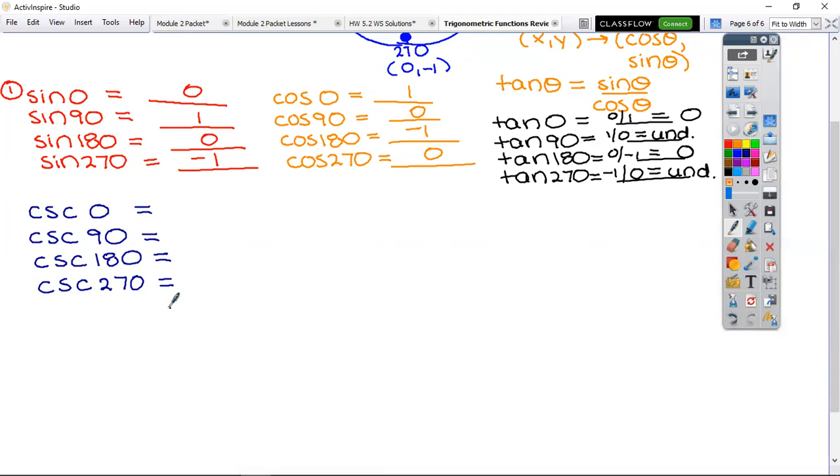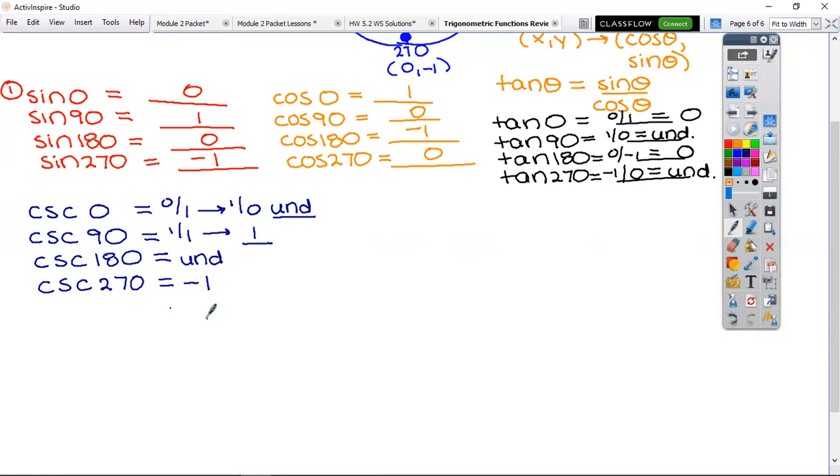Okay. So what happens if we take 0 over 1 and flip it? What do we get? 1 over 0, which is undefined. Next one, 90. 1 over 1, if we flip it, what happens? It's just 1. Next one is going to be undefined. And then next is going to be negative 1.